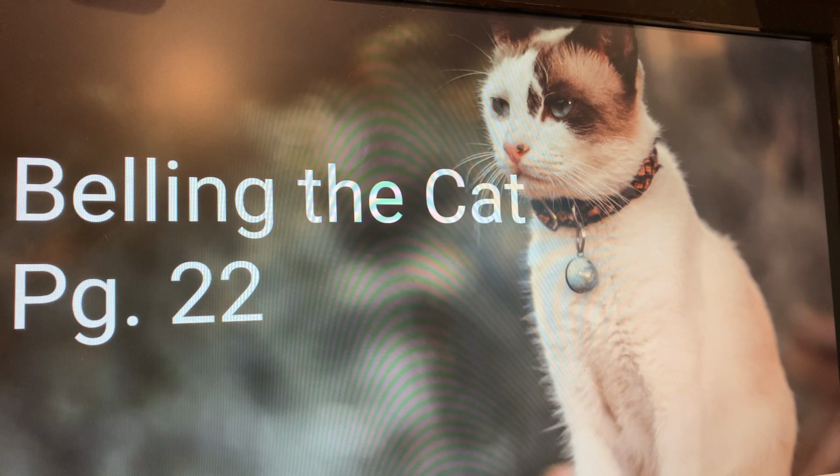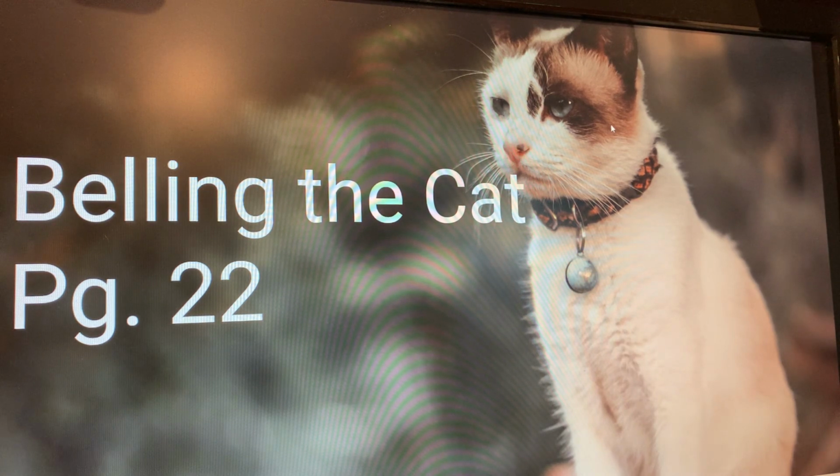"Let's tie a bell around his neck so we can hear when he is coming," a young mouse said. "What a good idea," they all said. Then the oldest and wisest mouse spoke up and said, "Very well then. Who will volunteer to put the bell on the cat?" No one said any more.